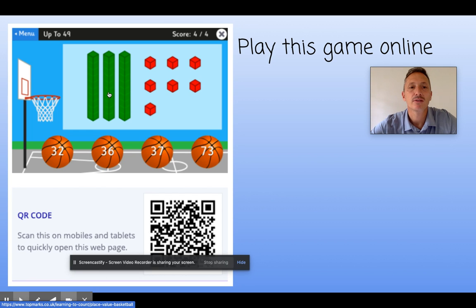So this number has 3 tens and it has 6 ones. So the number would be, yes, it would be 36. So you'd click on the 36 basketball and it would make it into the hoop. If you clicked a different number that didn't match the picture, the basketball would miss the hoop. So you want to try to match the number on the basketball with the model.